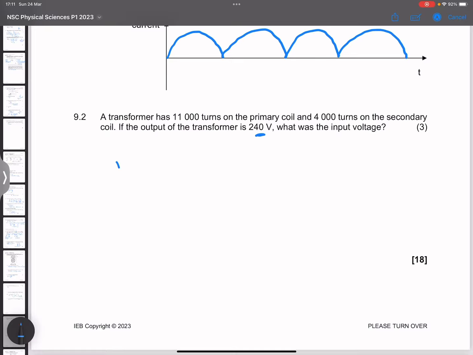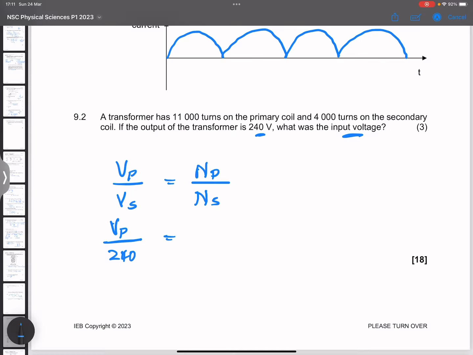So this is very, very simple. Our formula just simply says VP, that's for primary, over VS, that's secondary, is simply going to be the number of primary coil turns divided by the number of secondary coil turns. In this case, I am looking for the primary. Remember, I said input, so I'm going to make VP the subject of my formula, but I know my VS is 240.